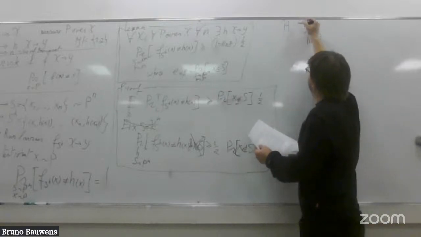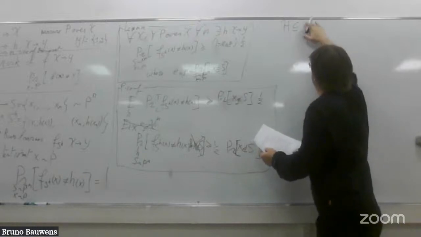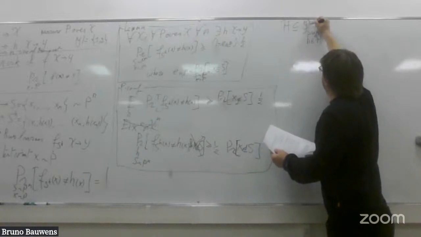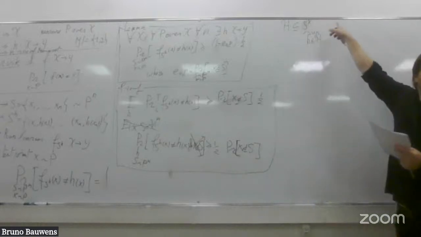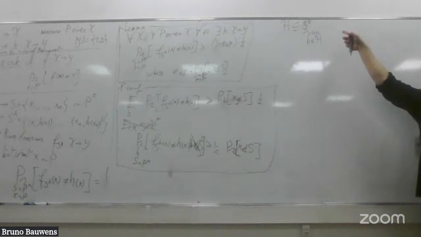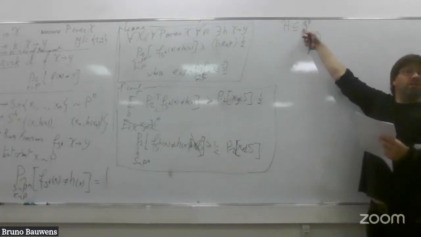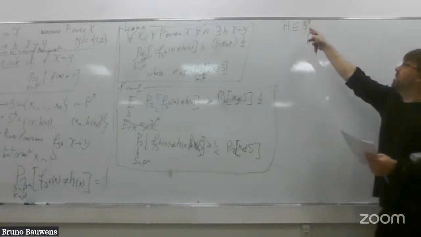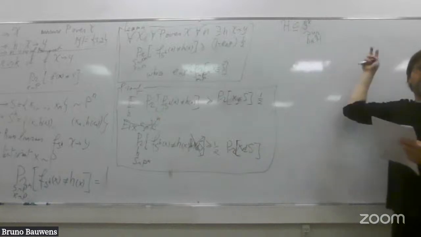So H is a subset of Y over X. This notation is not used in the notes, but maybe you used it in other courses. This is a set of functions from X to Y. So you could also think about it as lists of length cardinality of X. But okay, X can be infinite.